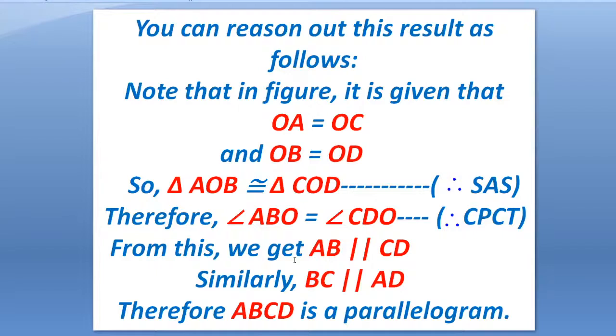And so by CPCT, angle ABO or AOB and angle CDO or COD are equal.